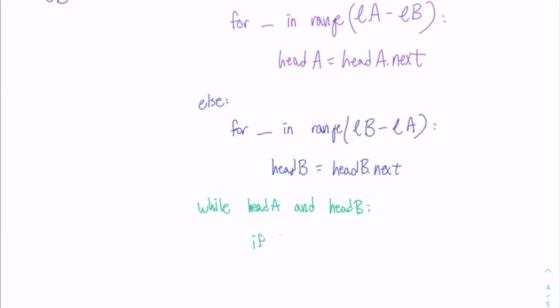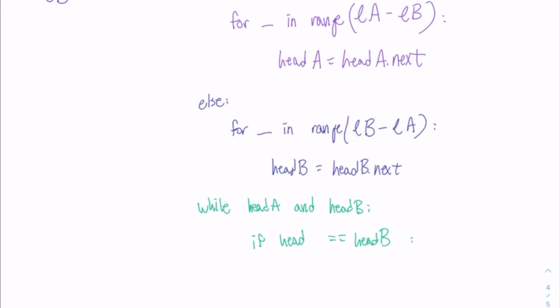and within this we'll say if head A is equal, double equal sign, because we are finding whether this equality is true. If head A is equal to head B, let me emphasize that this is one word.